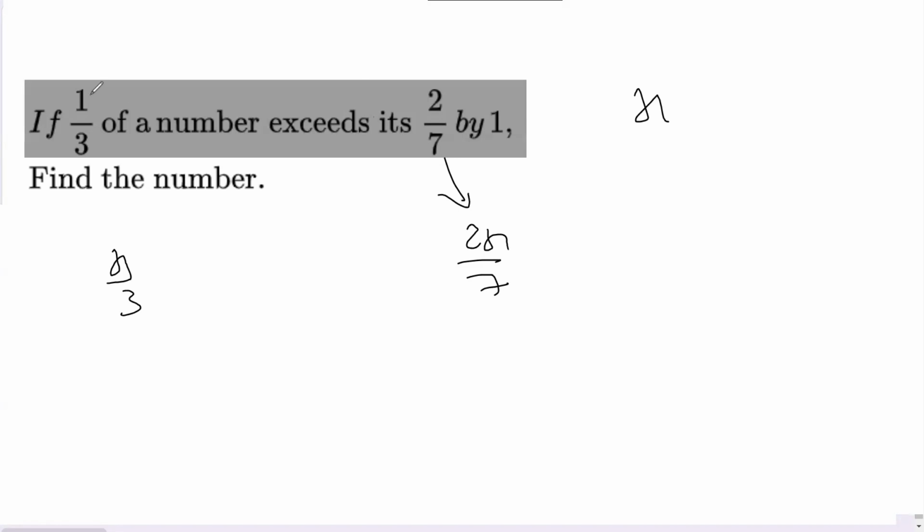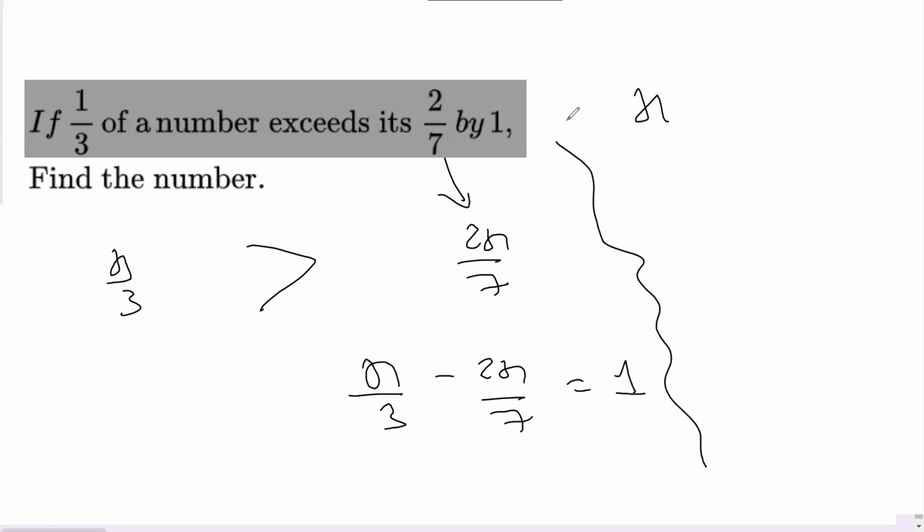Which is bigger? One third exceeds the 2 sevenths. So the difference always comes from the bigger minus the smaller, and the difference is given as 1. The rest we are going to simplify.